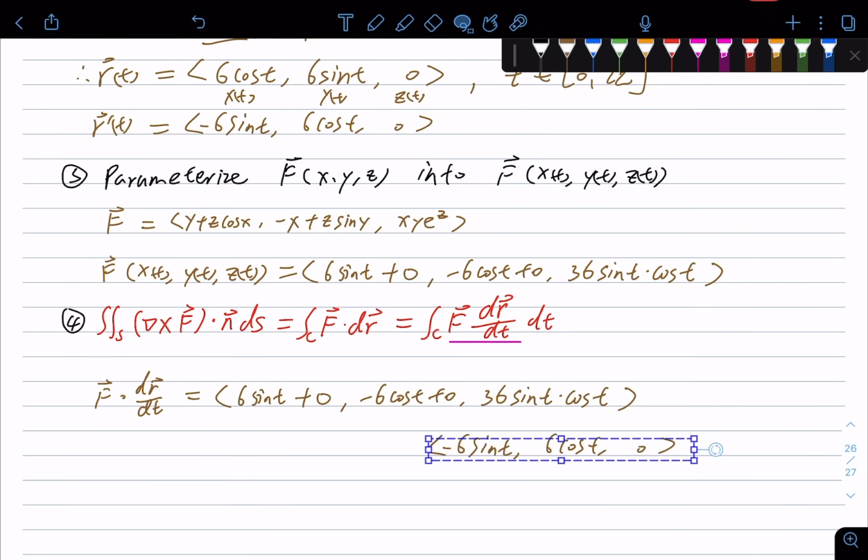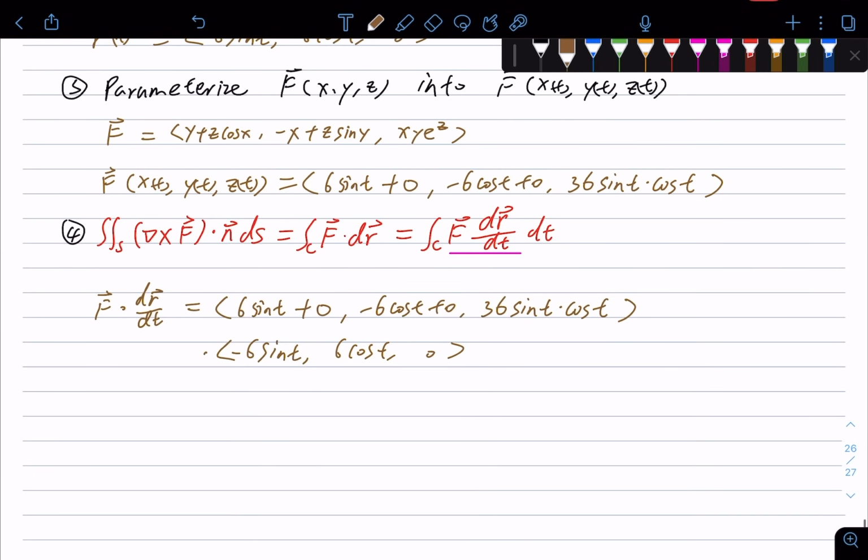We already derived these items before, and this is just going to equal negative 36 sine squared of t, minus 36 cosine squared of t, which equals negative 36.